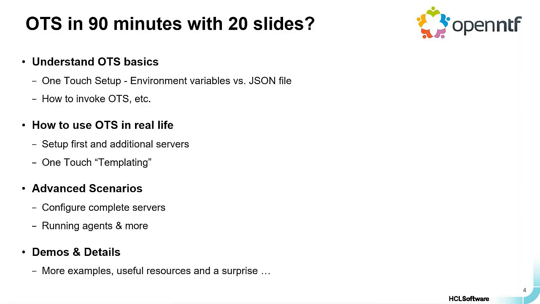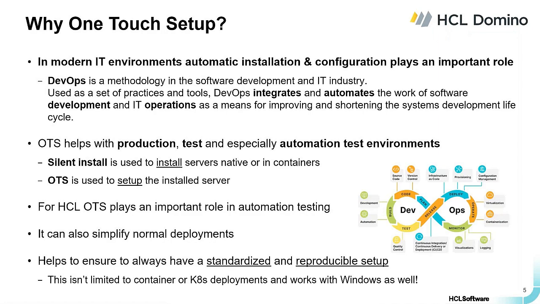So why would you want to use one-touch setup? In today's IT environments, DevOps is one of the key elements that many people look into. So it's about how you operate and develop your software and how you test your software.